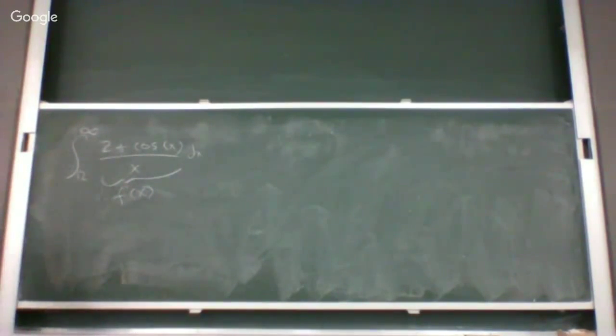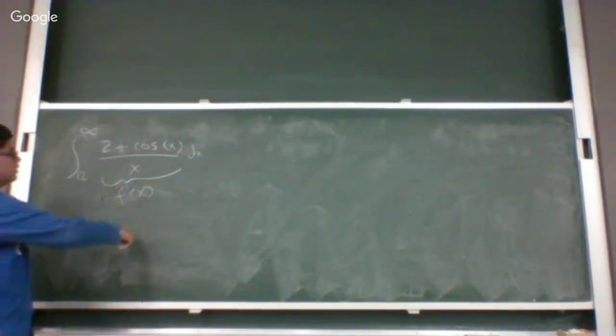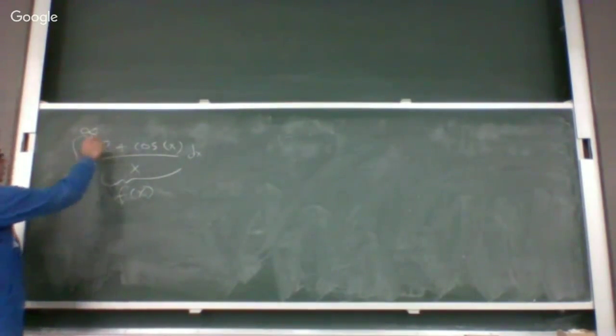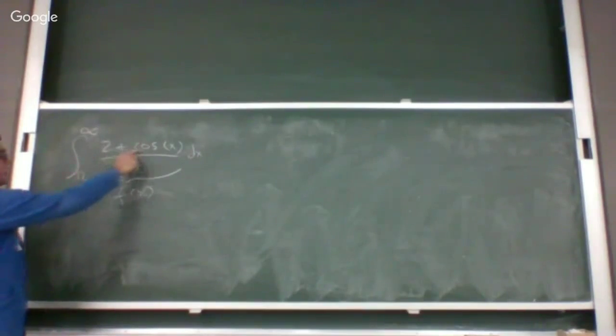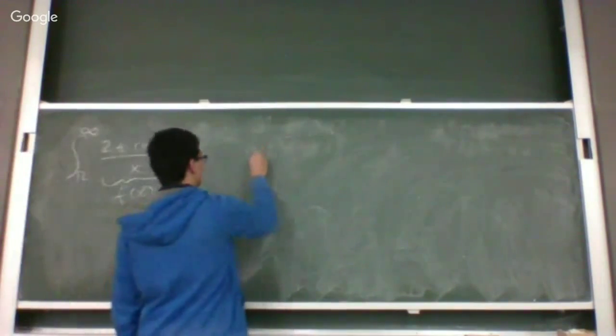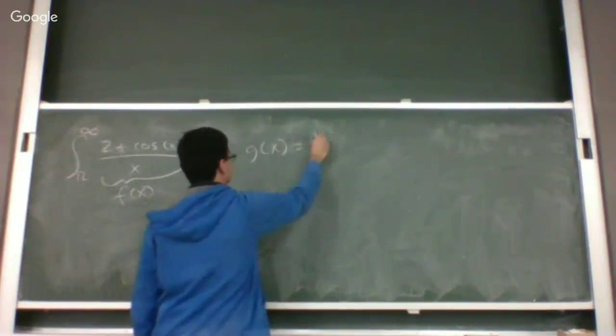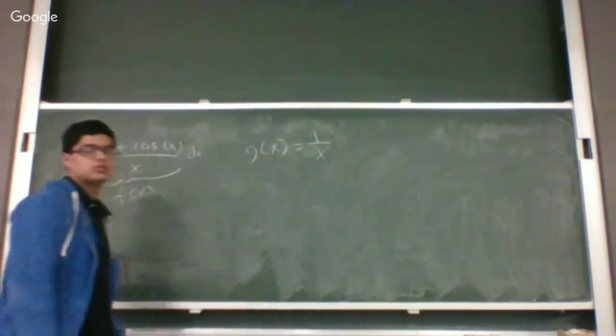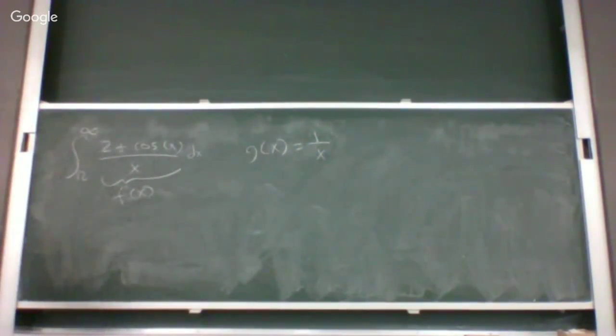Okay? The trick with the direct comparison test is knowing what to make your g of x. It should be something similar to this. If we are going to infinity, the numerator doesn't really matter because cosine of x oscillates and the 2 is just a number. So we can make our g of x equal to 1 over x.